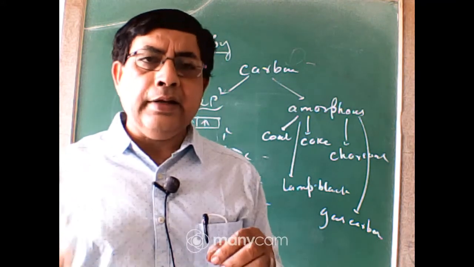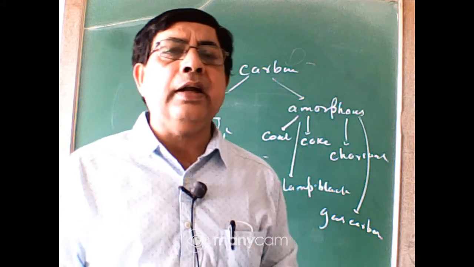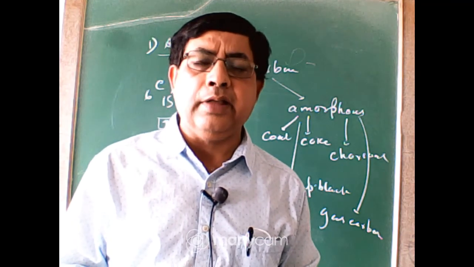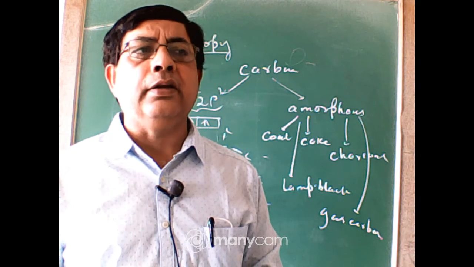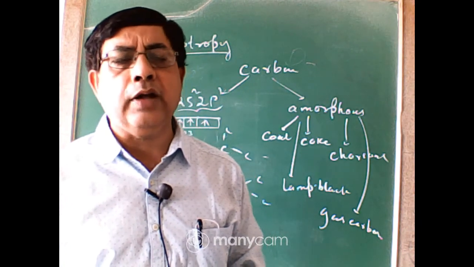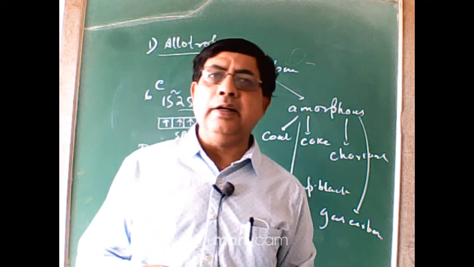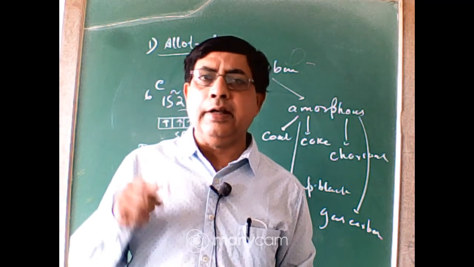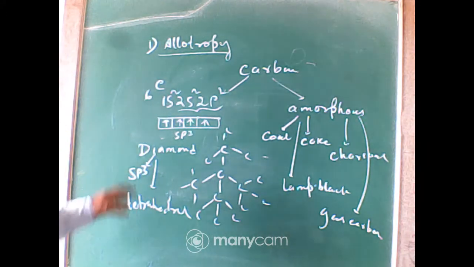So when light enters a plane of the diamond, it suffers total internal reflection, and due to multiple total internal reflections, the diamond glitters. So diamond is very shiny due to total internal reflection of light. This is the structure of diamond.